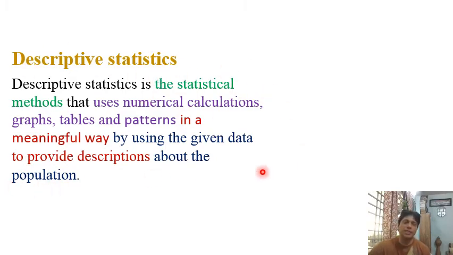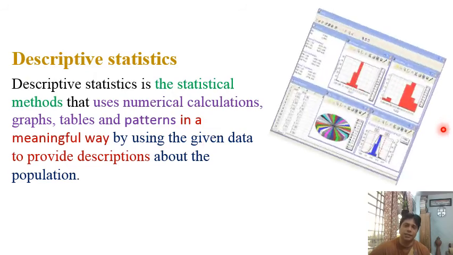The descriptive statistics is an important part of statistics that uses statistical data only for making descriptions, numerical calculations, graphs, tables, and patterns. So when we find graphs, tables, and patterns for making decisions, we can say that these are descriptive statistics.